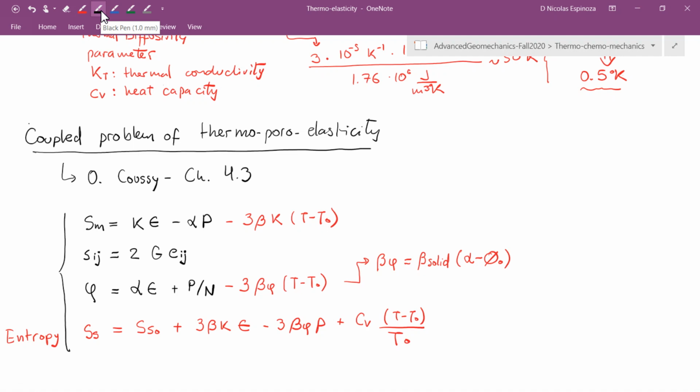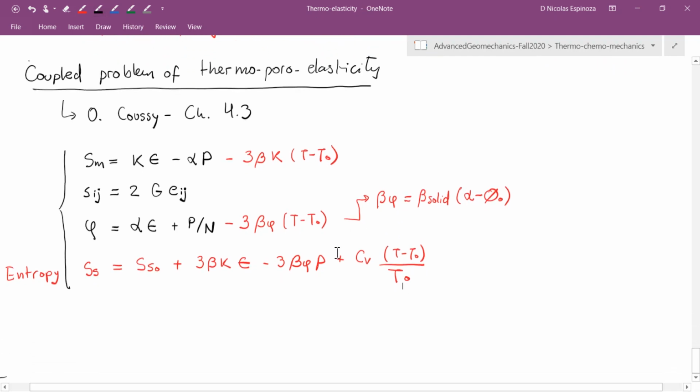If further you wanted to solve this problem as a function of time, then you will have to add the diffusivity equations for heat and pore pressure. And you can see that it gets a little bit more complex than what we have seen before.